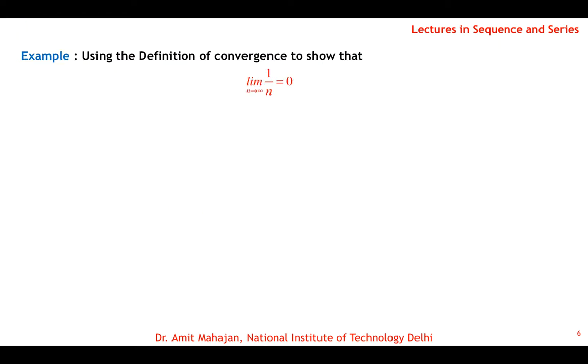So let us take one example now: using the definition of convergence, show that limit n tends to infinity of 1 by n is 0, where 1 by n is the nth term of the sequence.